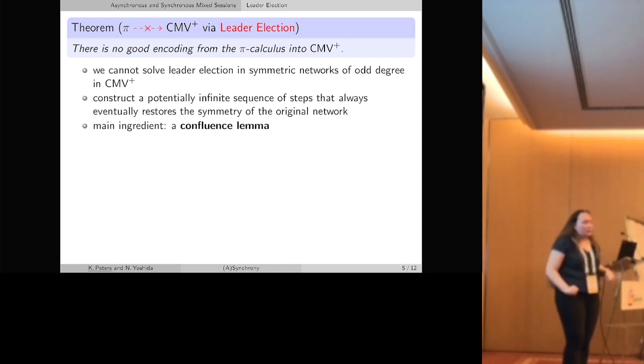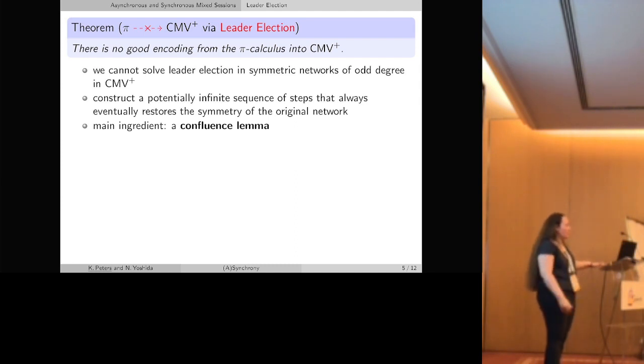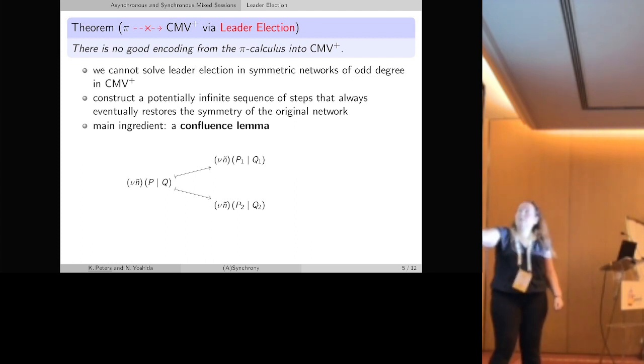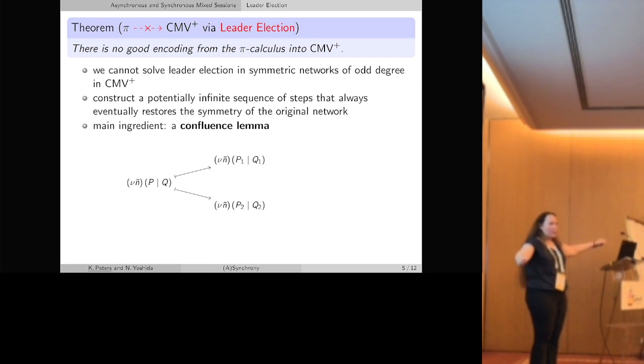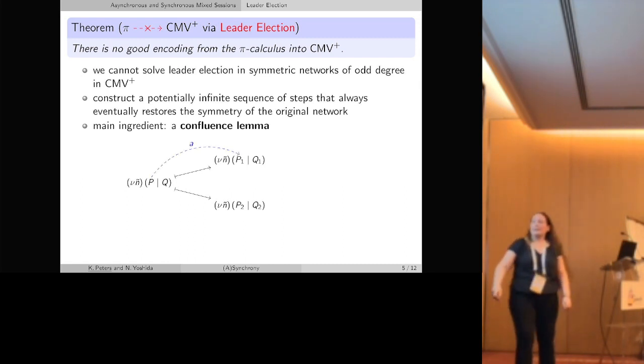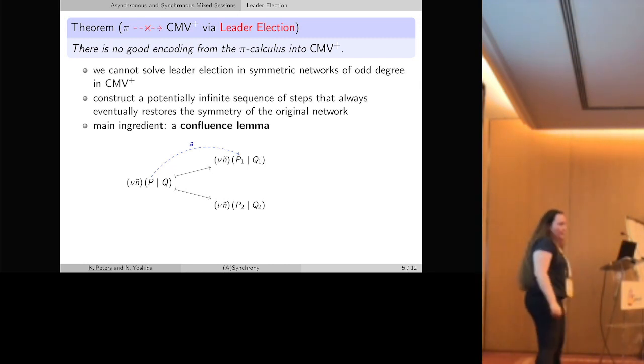So this is not true, so we have to look for something else, but we found something that restores another confluence lemma that gives us the same amount of proving, and this is the following. You have a starting point with two options, and the one is that from P to P1, the only thing that changes is that there is a choice on endpoint A that is reduced.